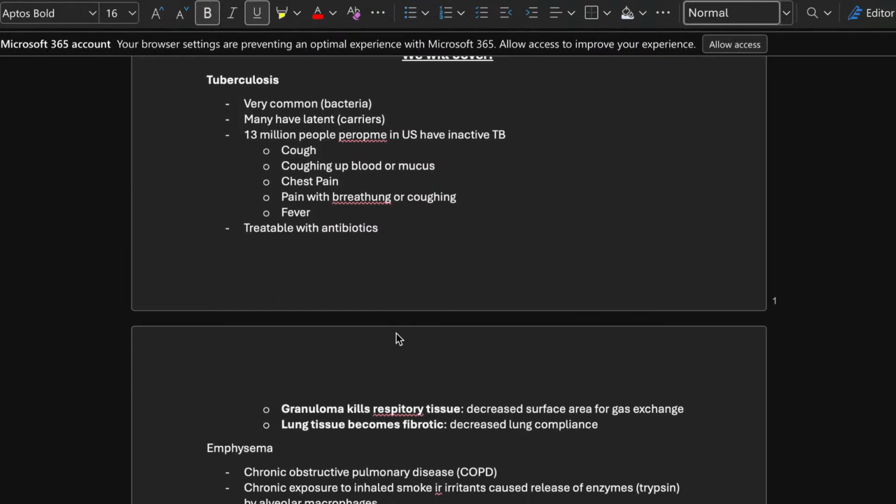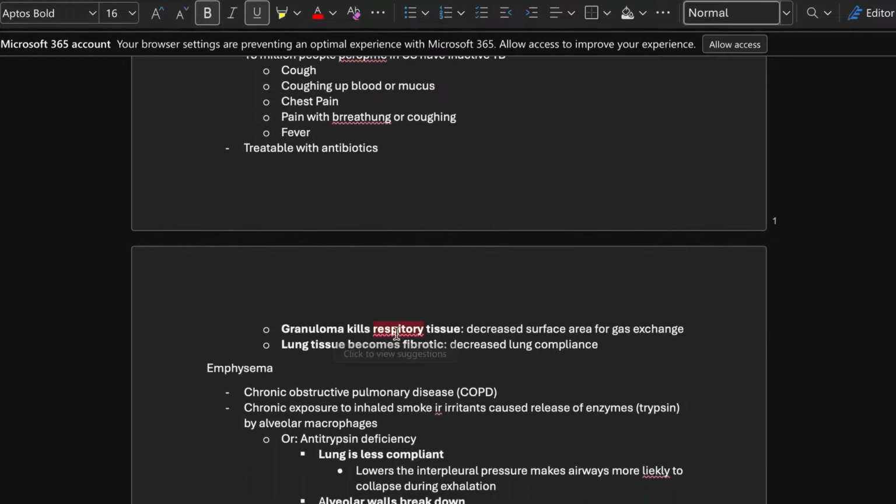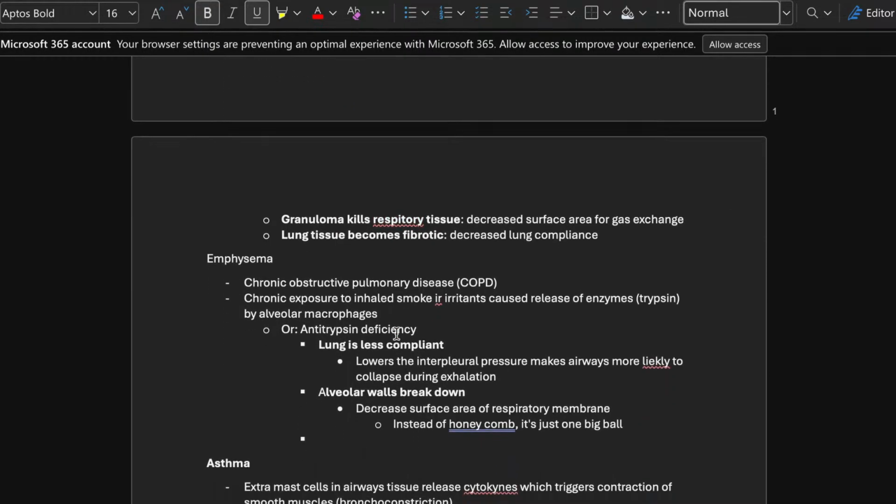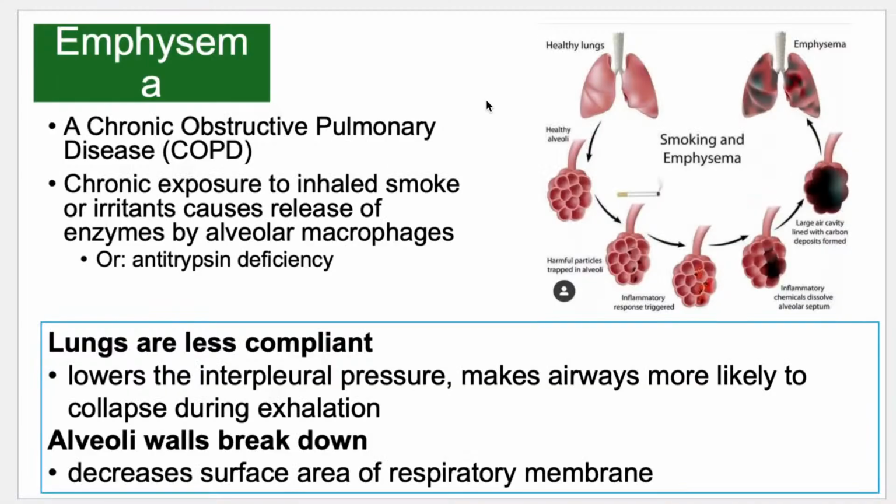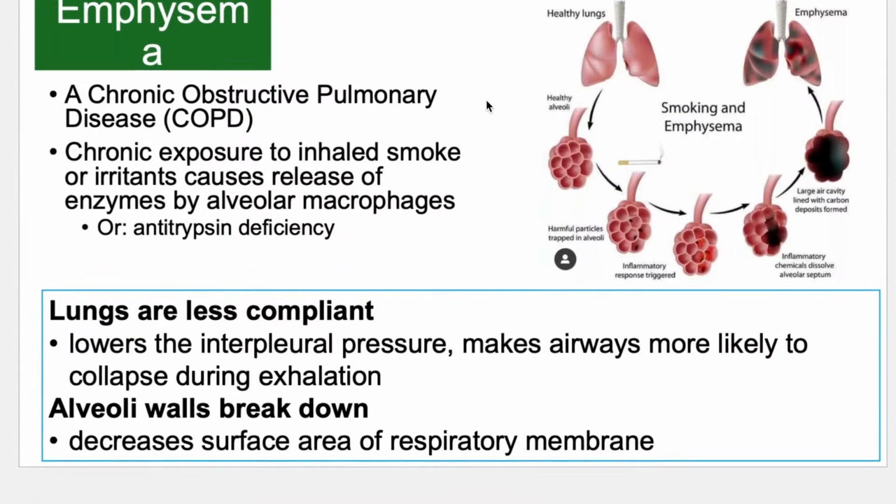So tuberculosis is treatable with antibiotics. Emphysema is chronic obstructive pulmonary disease. Chronic exposure to inhaled smoke or irritants causes release of enzymes from alveolar macrophages.